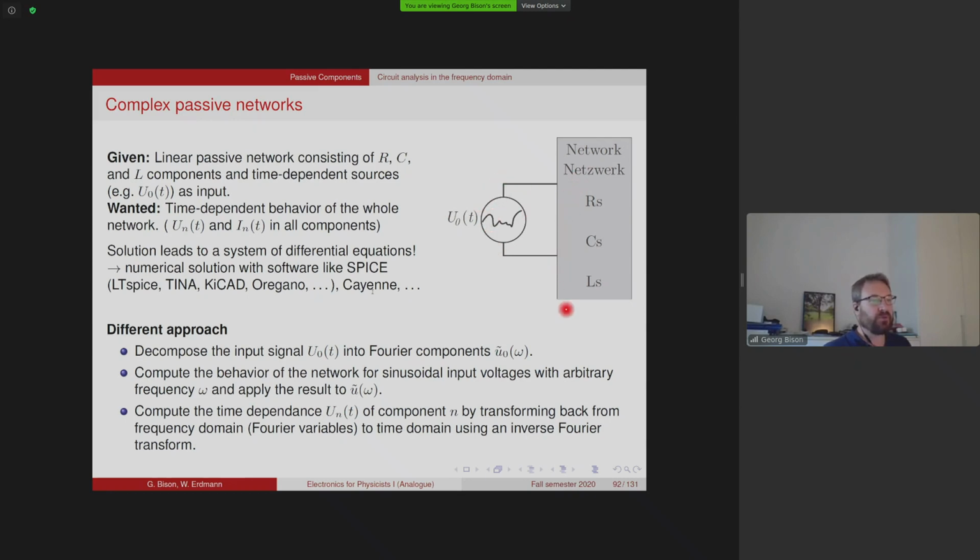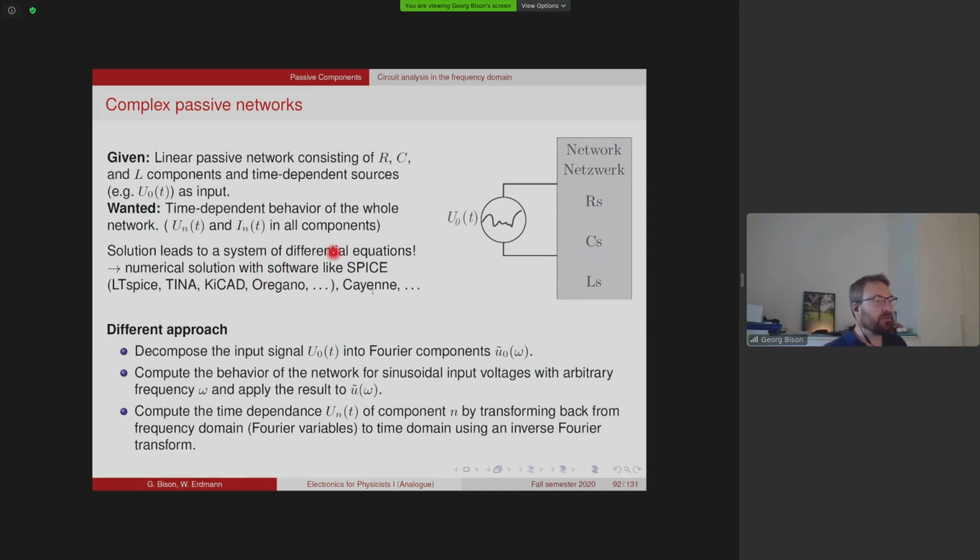And then you have a network here that consists of capacitors, resistors, and inductors. We call them the linear components. At the end of the lecture, I can give the correct reason why we call them linear components. Last lecture, someone asked me, and this will become completely clear as soon as we have introduced complex impedances.